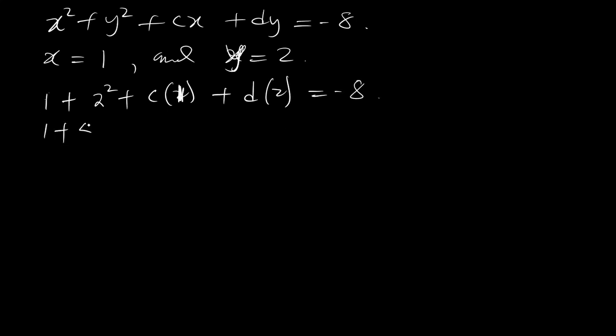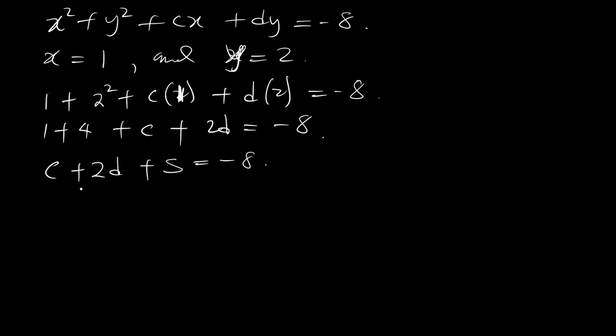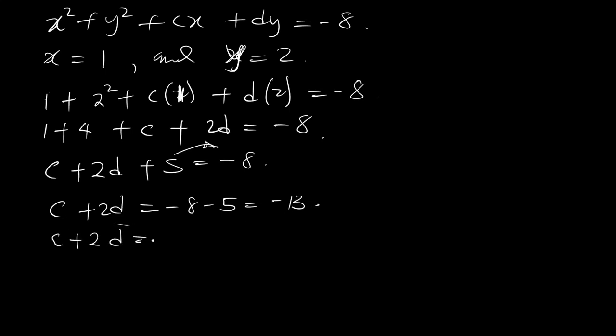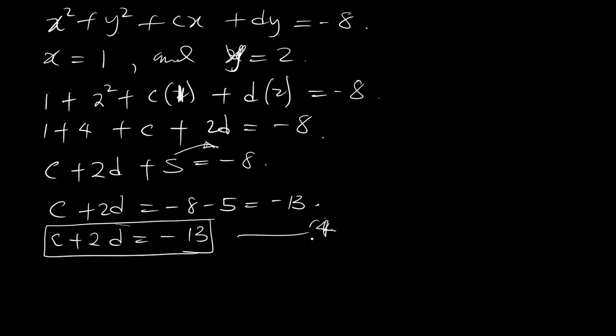So we have 1 plus 4 plus c plus 2d is equal to minus 8. So we have c plus 2d plus 5 equal to minus 8. To move this plus 5 to the other side, you have minus 5. So c plus 2d is equal to minus 8 minus 5, which is minus 13. So c plus 2d is equal to minus 13. This becomes our equation 4.